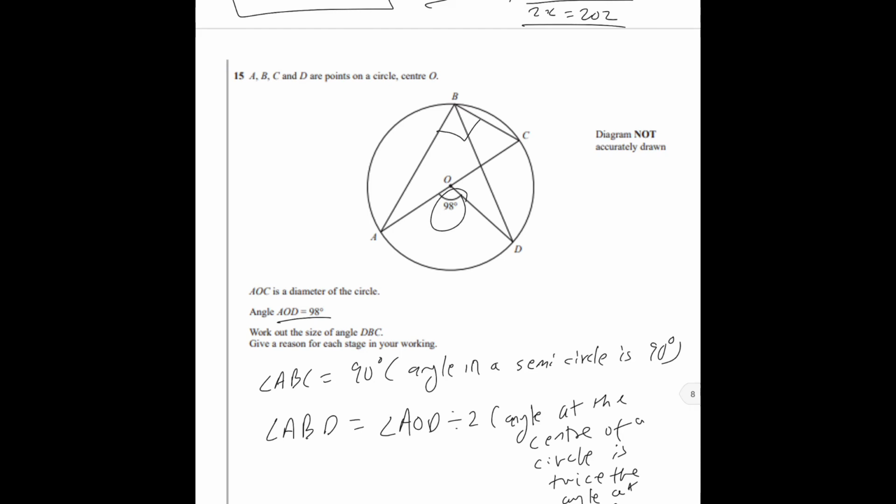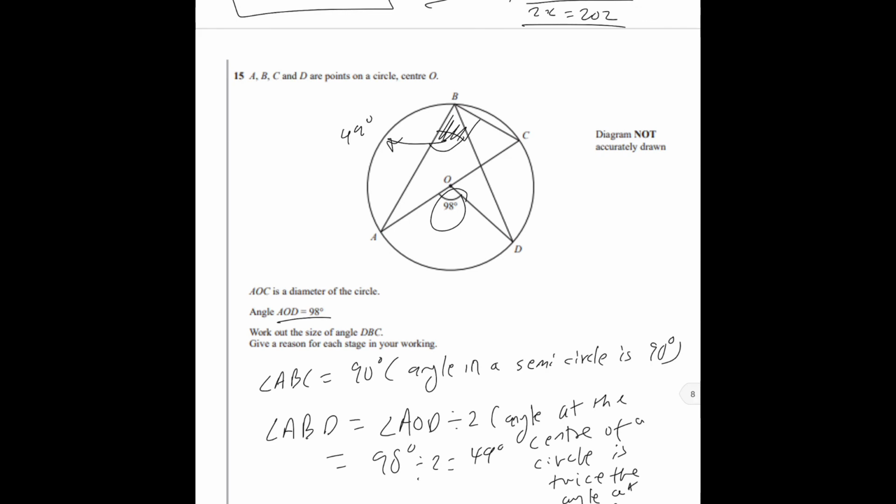What does this imply? The angle at the center circle is 98. It is twice the angle at the circumference, so it's twice ABD. That's why we are dividing AOD by 2, because it is twice. So ABD is 49 degrees. So we know that angle ABD, that is this portion here, is 49 degrees.